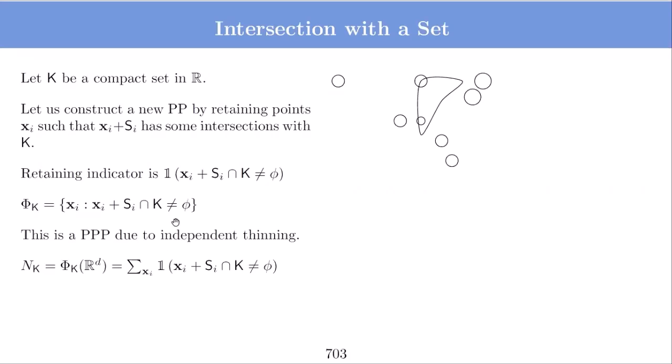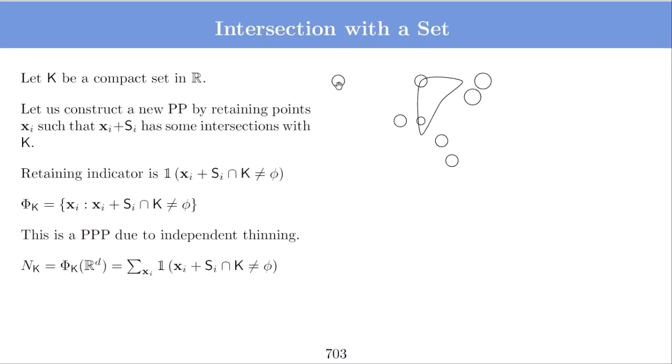Now when you go to each point and ask this question, the location xi and the Si are independent of other points. So the retaining event is independent across two points. For example, this one will have its own grain and this will have its own grain. This will be retained if its grain intersects with K, and this will be retained if its grain intersects with K.